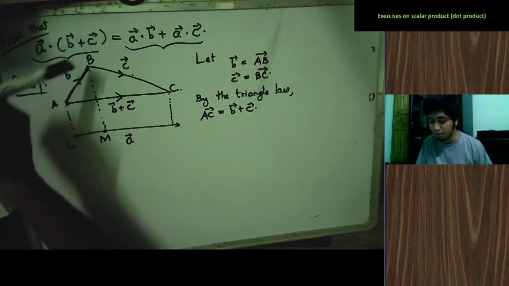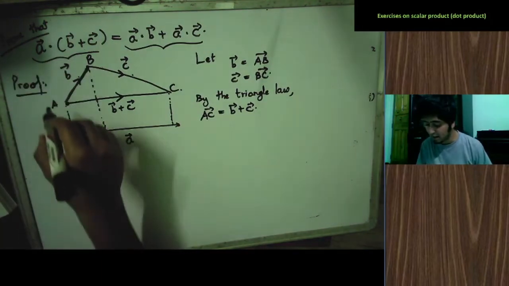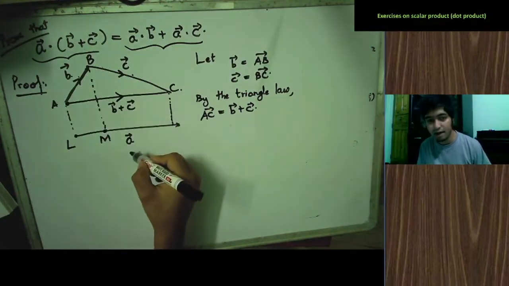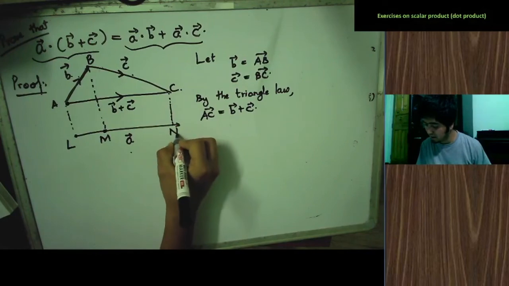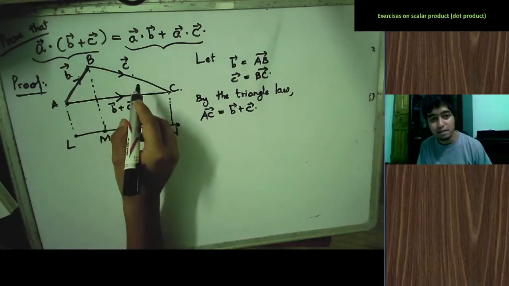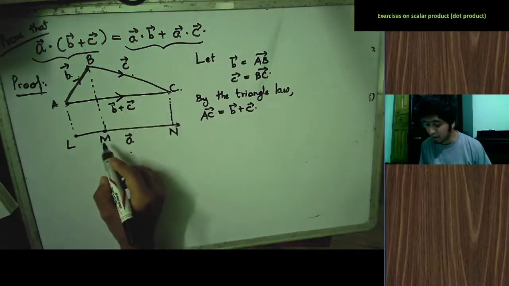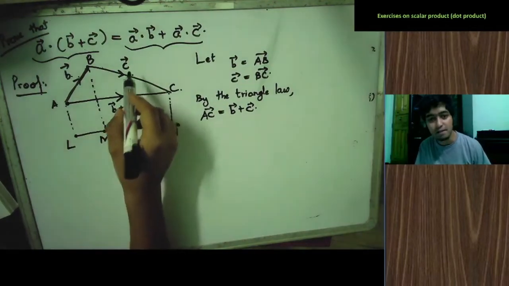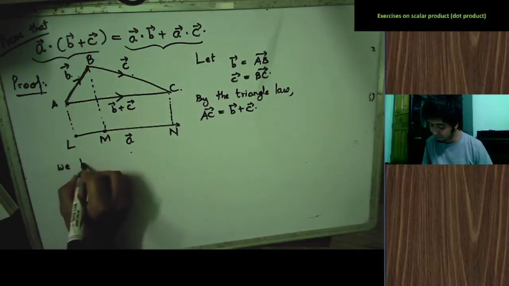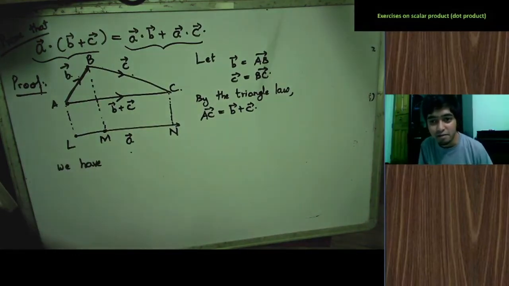LM is the shadow of AB, or we can say that LM is the projection of B on the vector A. Similarly, BC is projected to MN. It is the projection of C on the vector A. Sorry about the dogs.